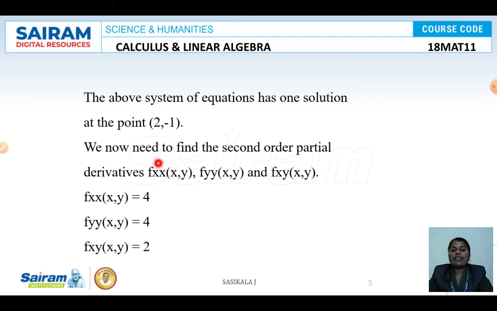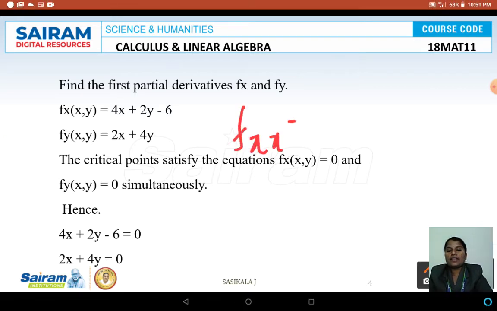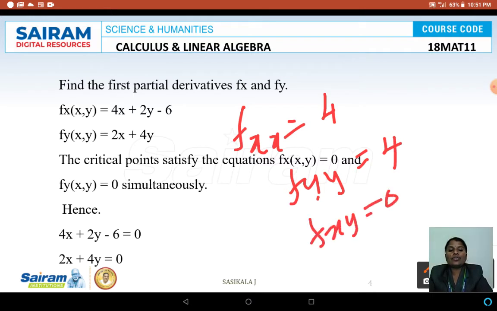Now we need to find the second order partial derivatives, because we need to check for the minimum or maximum point. So fxx(x, y), fyy(x, y), and fxy(x, y). Fxx is 4, fyy is 4, and fxy is 0.